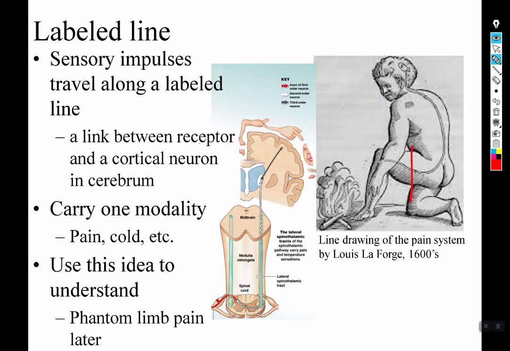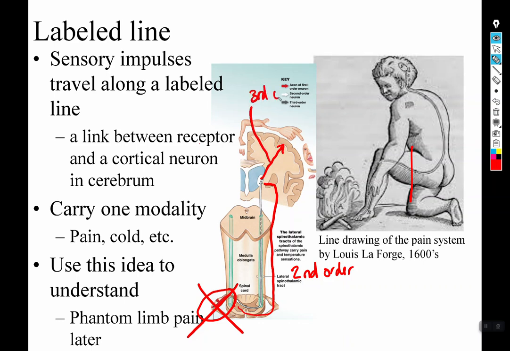The first order sensory neuron, the one that's coming in to the spinal cord, is gone. But the rest of these sensory neurons, the one originating from the spinal cord and going to the thalamus, the second order, and the one going from the thalamus to the appropriate cortical location, the third order, are still intact.